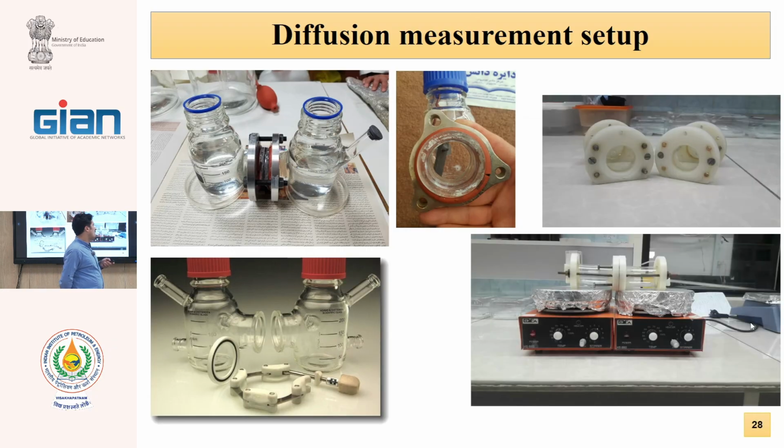This is also another one. We usually locate this device on the stirrer, and we have stirring for uniform dispersion. Therefore, these systems are located on the stirrer surface.